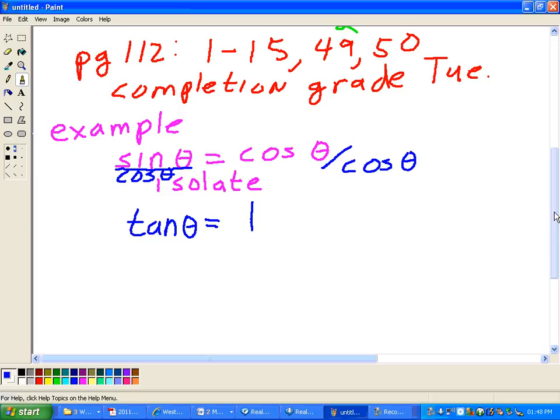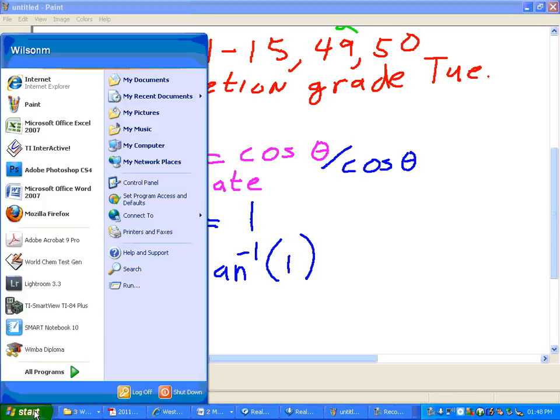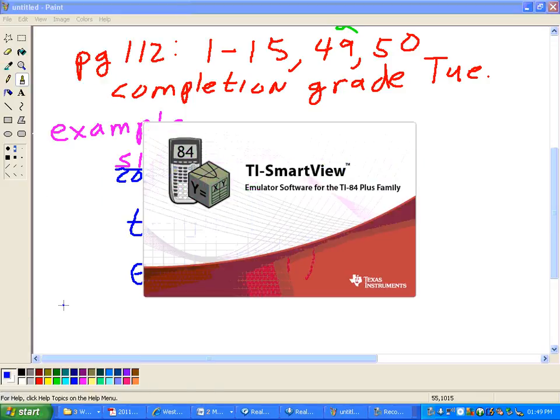How do I make a tangent go away? Inverse. Yep. So I will hit theta equals inverse tangent 1. Let's see if I have a calculator up. So get out my calculator.